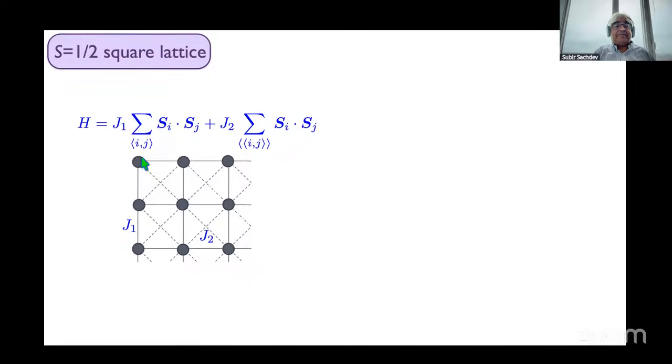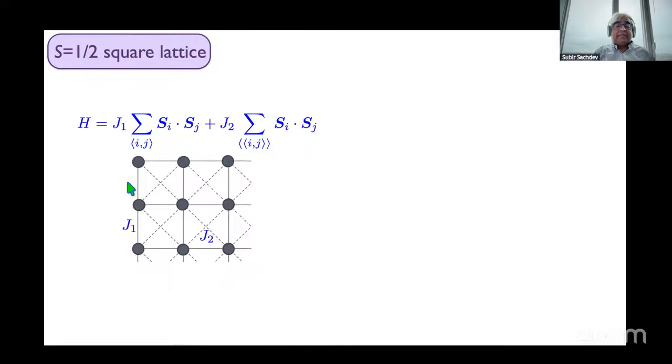We have spin halves on each site of the square lattice with nearest neighbor exchange J1 and diagonal exchange J2. Now in the cuprates, J2 is very small, and when only J1 is non-zero, then you have the Néel antiferromagnetic state that I've shown you.